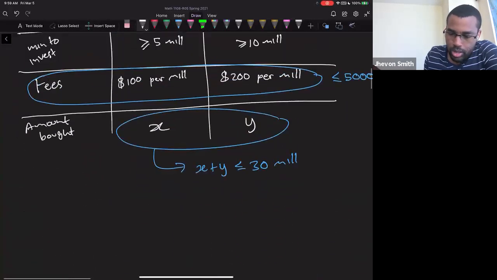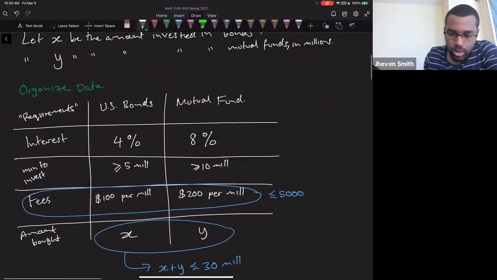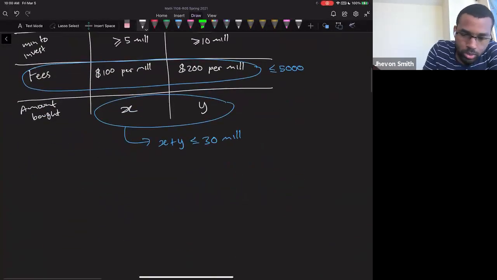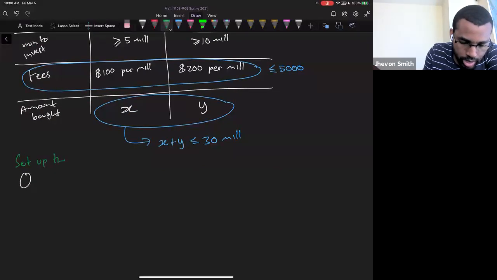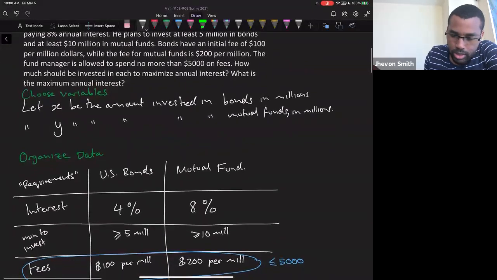Yes. Okay, so here's what we're going to do. There's nothing much to say here, so then you set up the LP objective. What do we want to do? We want to maximize interest.